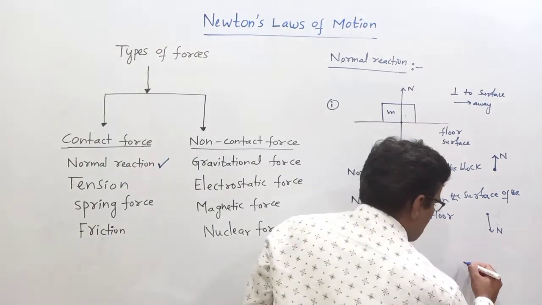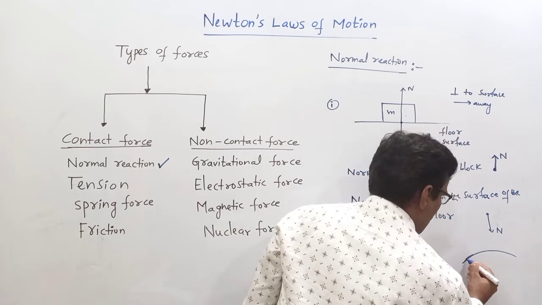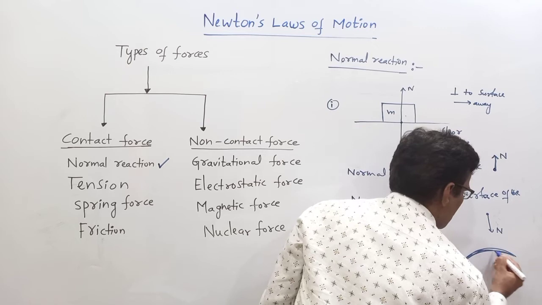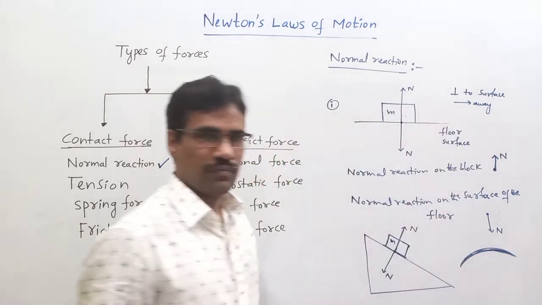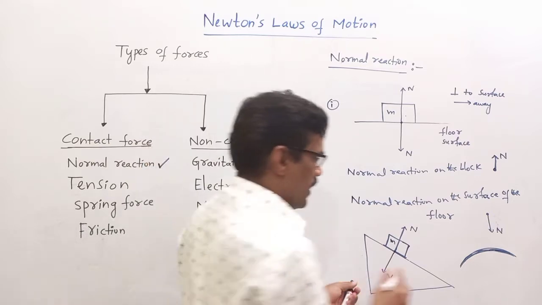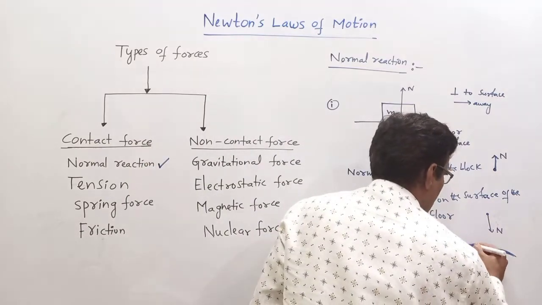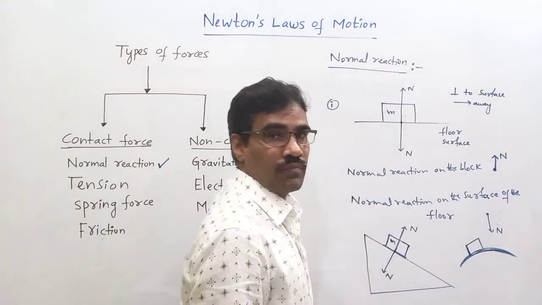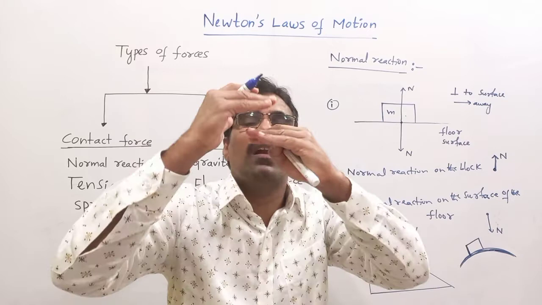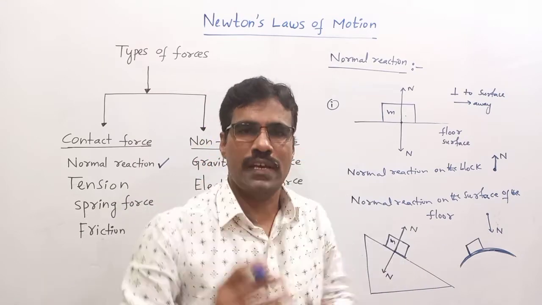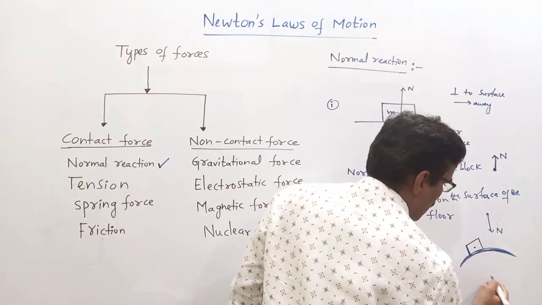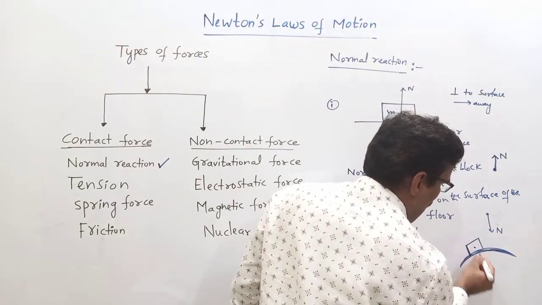Now let us consider a circular path. This is the surface, like this. When a block is kept on this arc of a circle, suppose one sphere is there, and on the sphere another block is kept. What is the normal reaction on this? Normal reaction is normal to the surface.